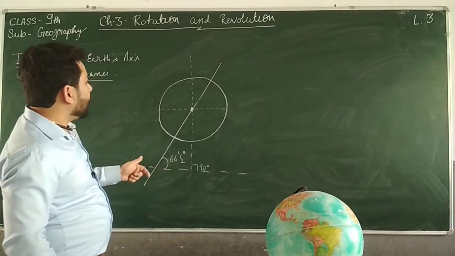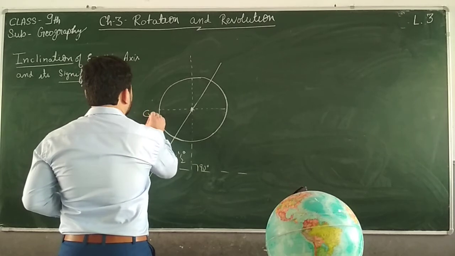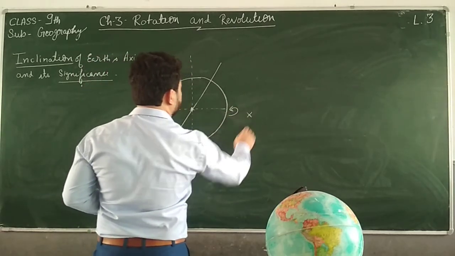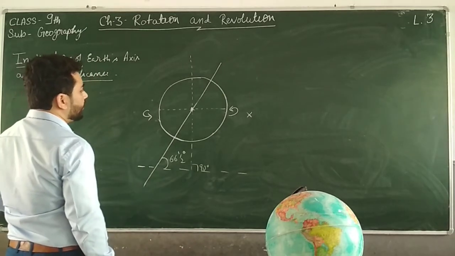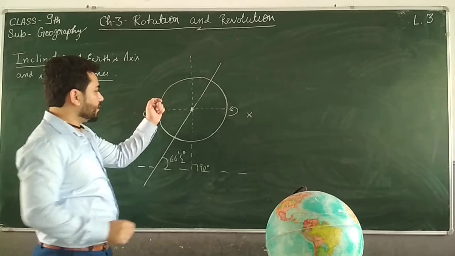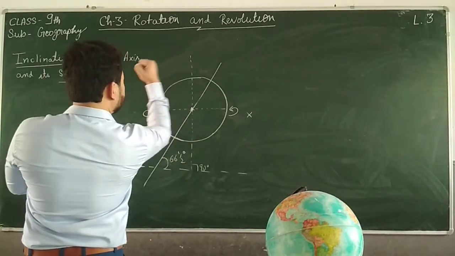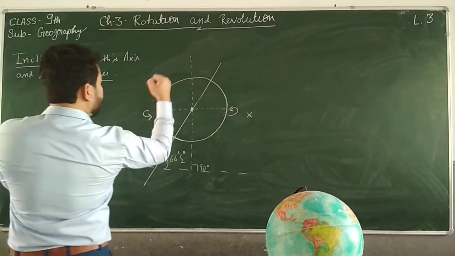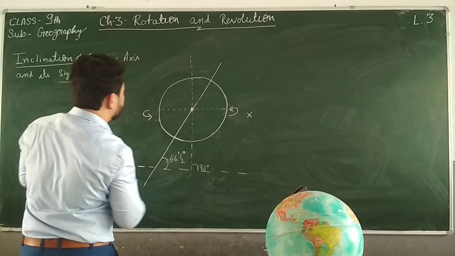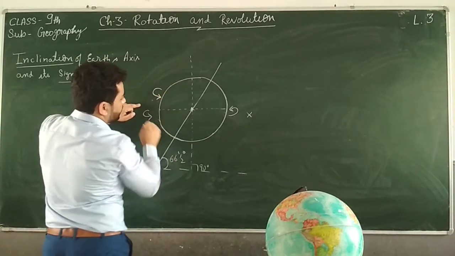But the earth is not rotating in this fashion. How is earth rotating? Earth is rotating at an angle of 66 degrees. It is not rotating like this, but it is rotating like this. So earth's rotation is in this fashion.